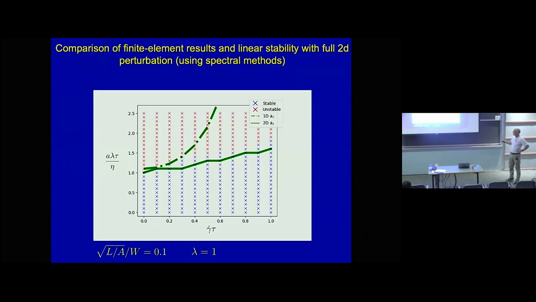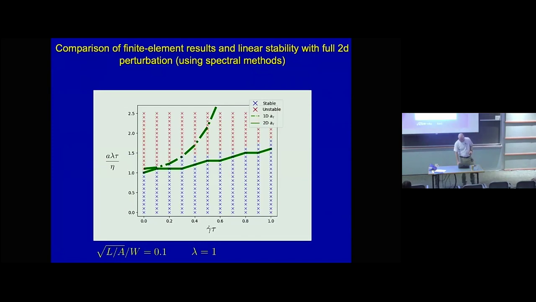But even so, it gives us a much better accounting of what happens here at higher strain rate. So all these states, which the linear stability calculation said were stable with one-dimensional perturbation, are unstable because of the two-dimensionality of the perturbation.